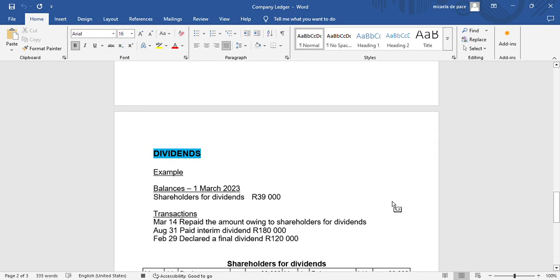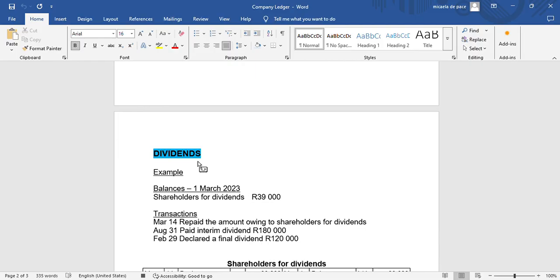Okay, then thirdly, your dividends. As I said to you, the profits that are made by a company belong to the company, but they can let shareholders share in those profits if they pay out a dividend. Okay, you get interim dividend and final dividend.